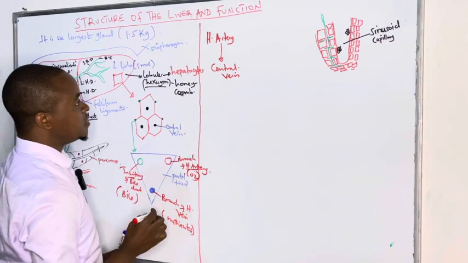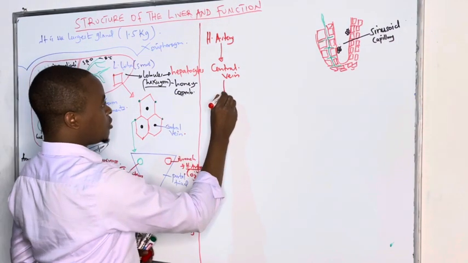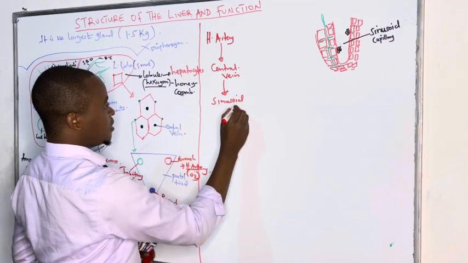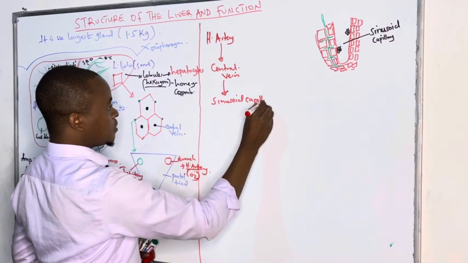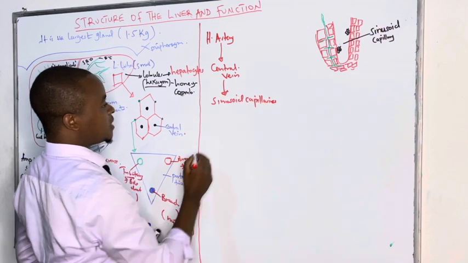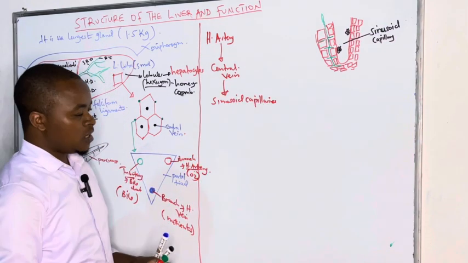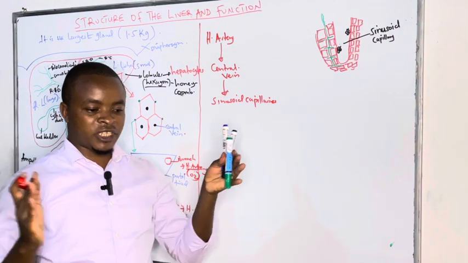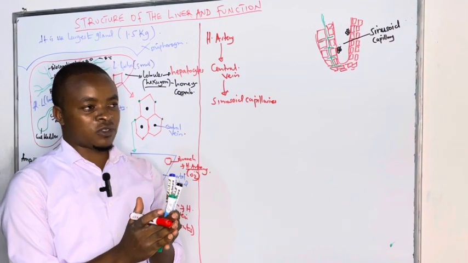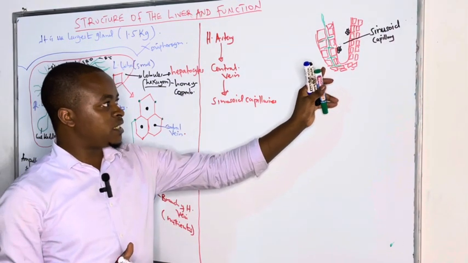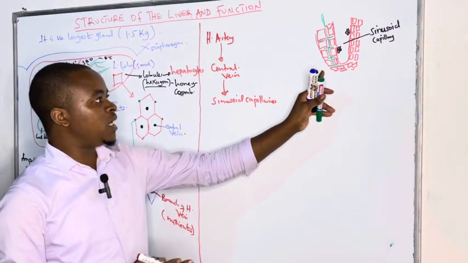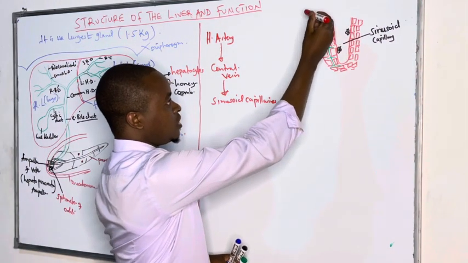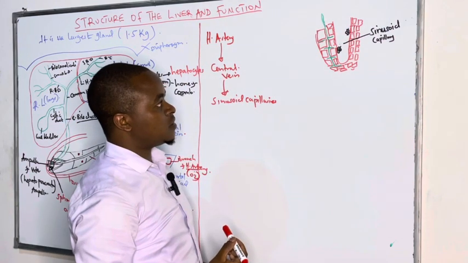And this central vein is the one that opens into what we call the sinusoid capillaries. These sinusoid capillaries supply this blood with oxygen and nutrients between the hepatic plates. Because when you have different hepatocytes, two columns of hepatocytes form what we call the hepatic plate, and this hepatic plate is whereby we see the bile canaliculi draining the secretions to join the small bile duct.